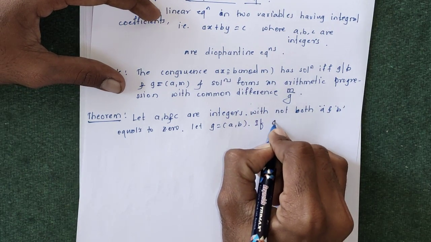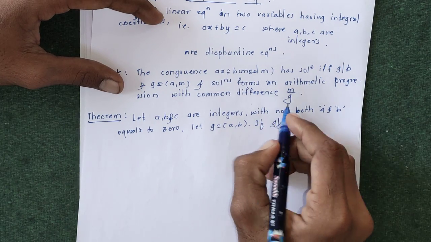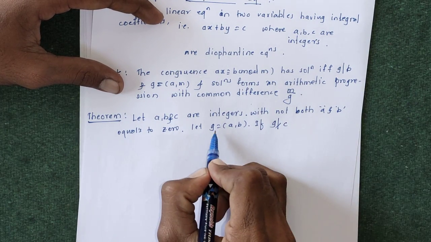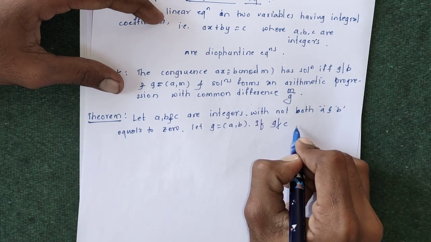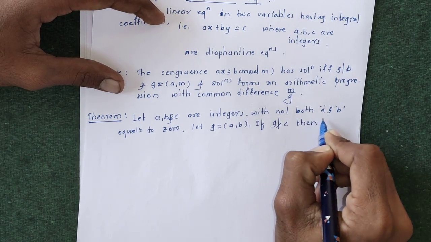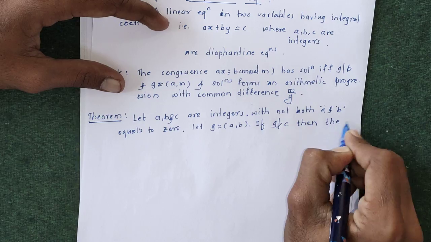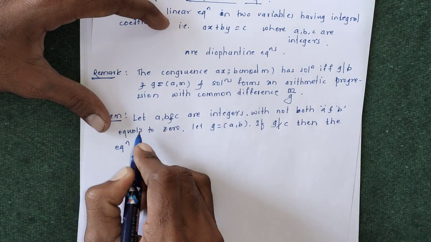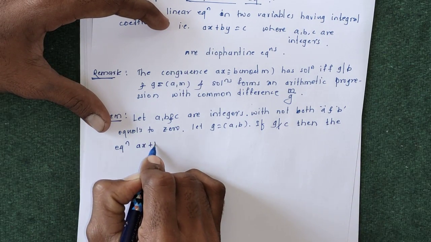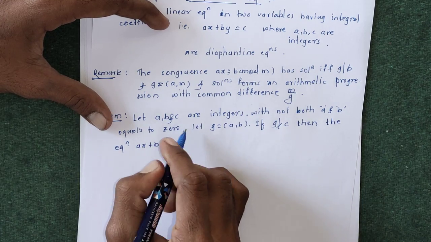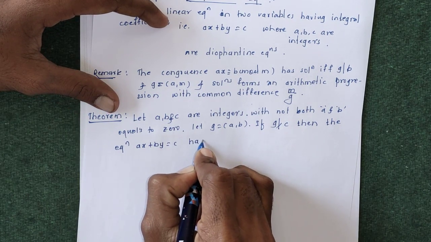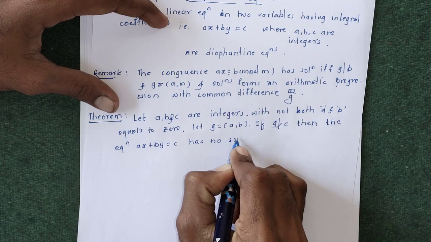Now, if g doesn't divide c, then the equation ax plus by equals c, that is the Diophantine equation, has no solution.